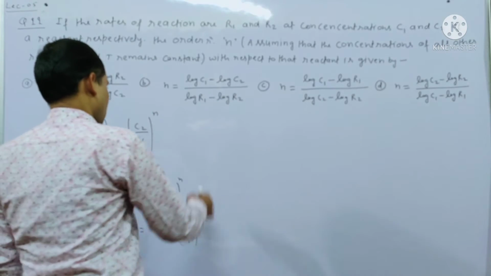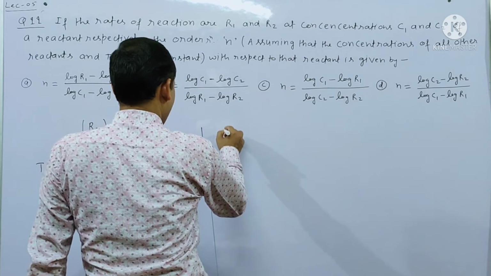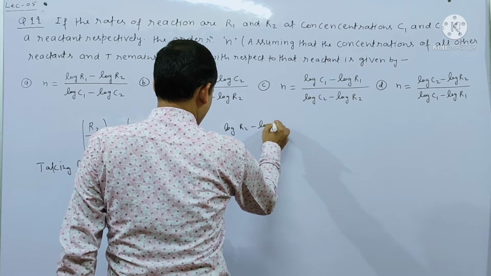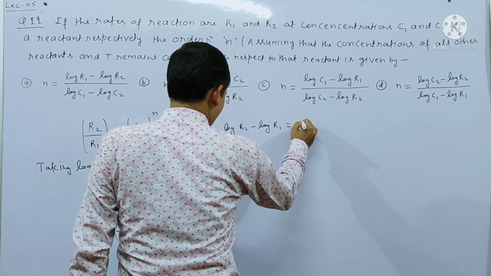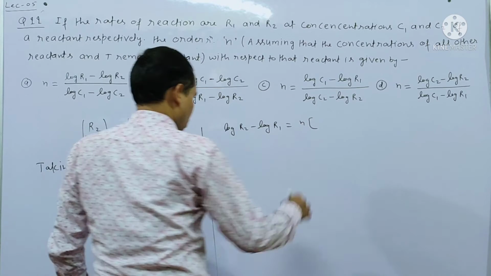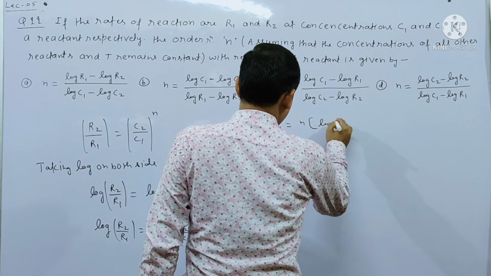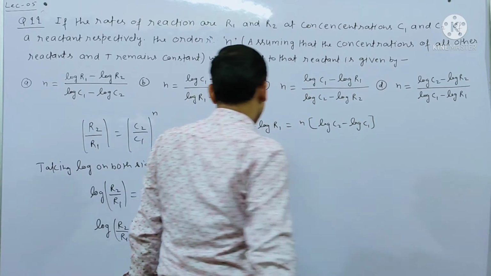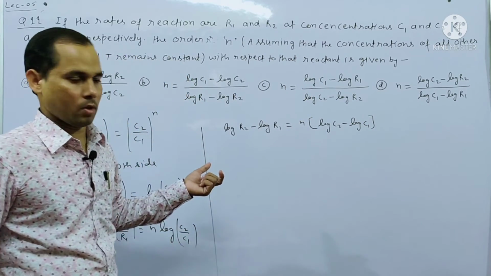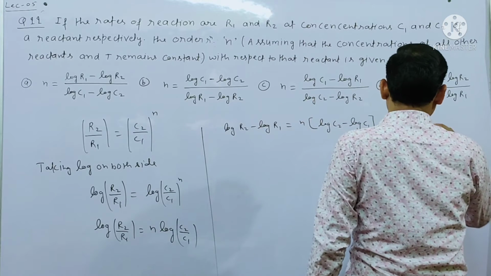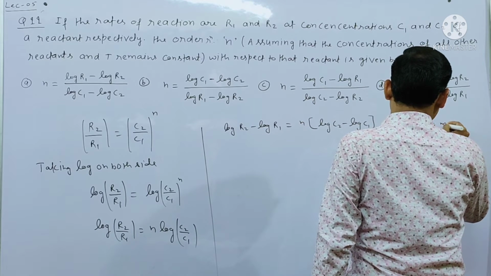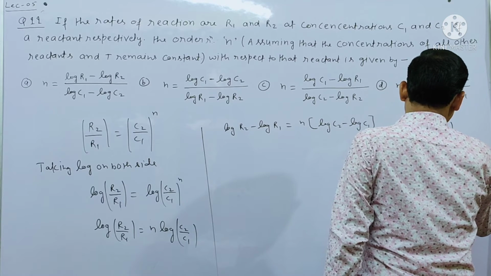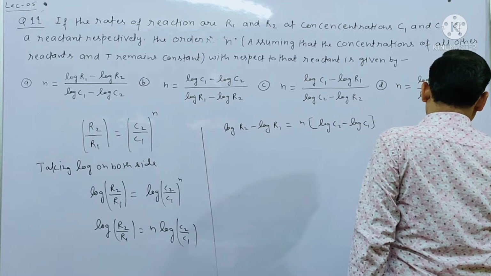Now log R2 minus log R1 equal to n log C2 minus log C1. I think you already know a mathematical formula, that is log m upon n equal to log m minus log n.